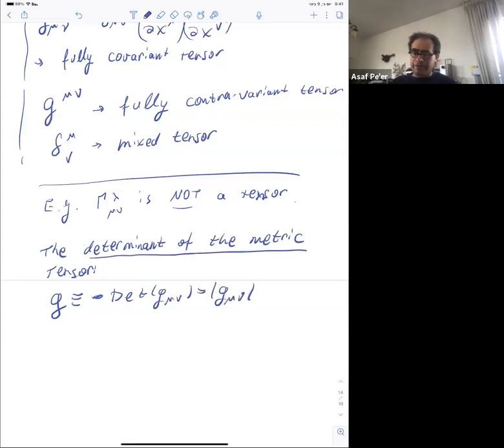Why do I put the minus sign? Because I want it to be positive. If I look at eta mu nu in flat space, there is a -1 and +1, so the determinant is -1. So I put the minus, and it's going to be positive. Right?